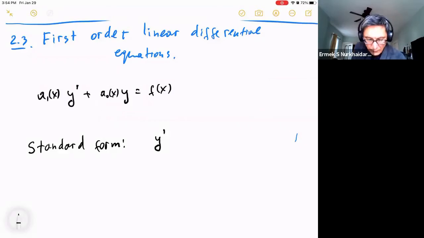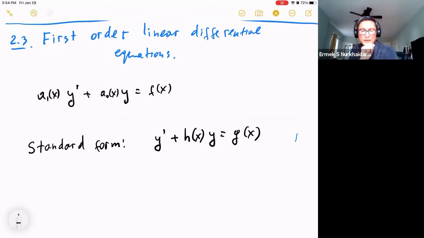Then we're going to have h(x)y equals, say, g of x. Okay, so that's standard form, and that's the one we're going to be working on. So we're going to be solving first order linear differential equations in the standard form. If needed, divide by the coefficient of y prime, and that's it.